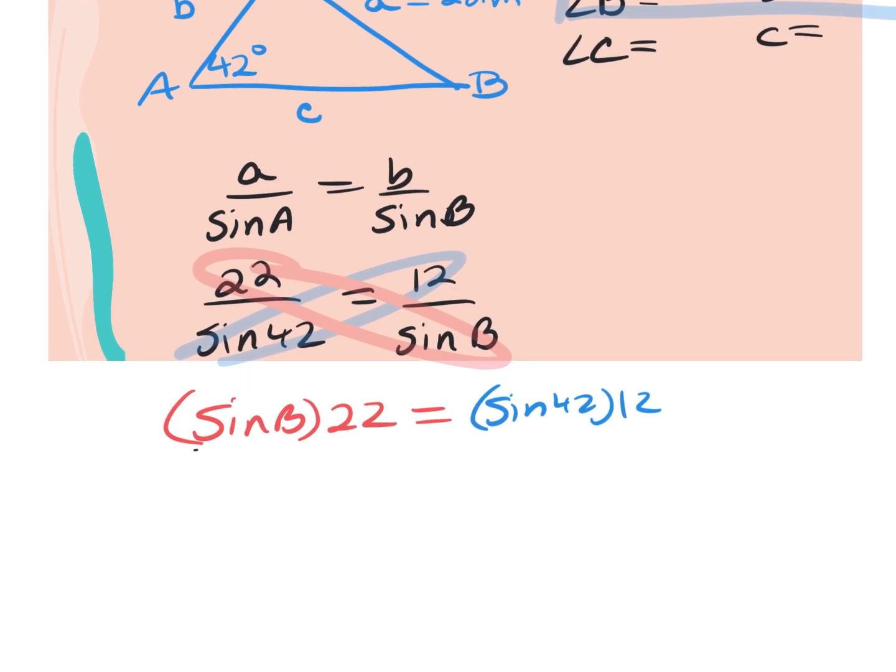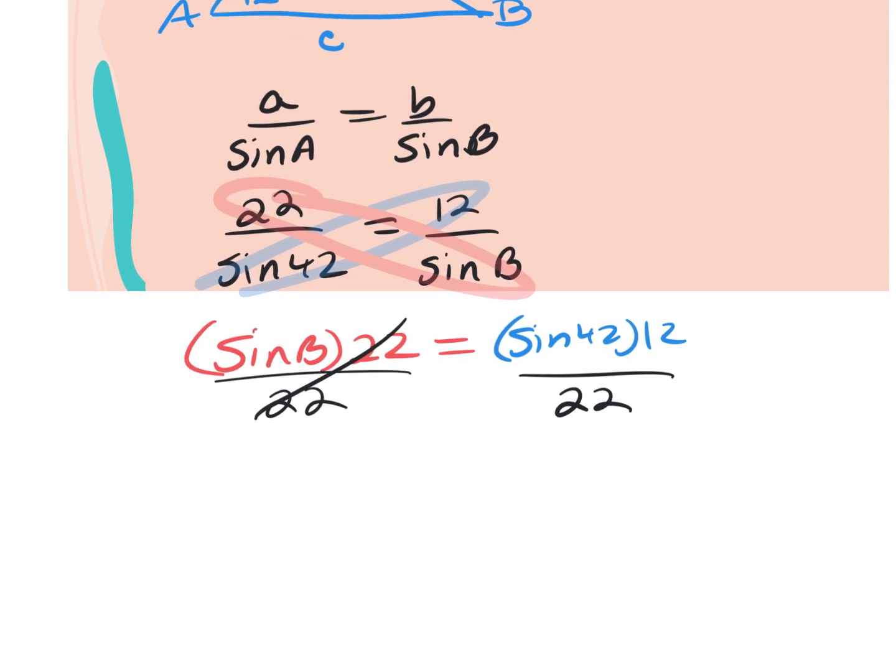I'm going to divide both sides by 22. Now at this point, we would get sine of B, and you're going to leave the long number on your calculator.